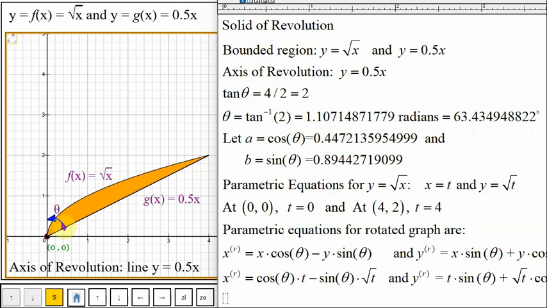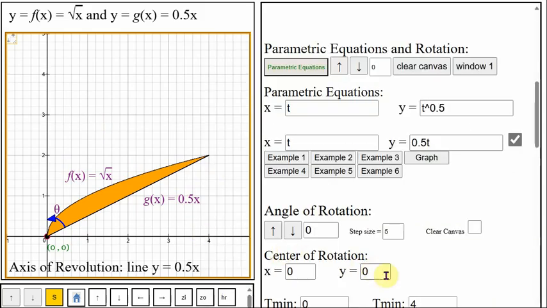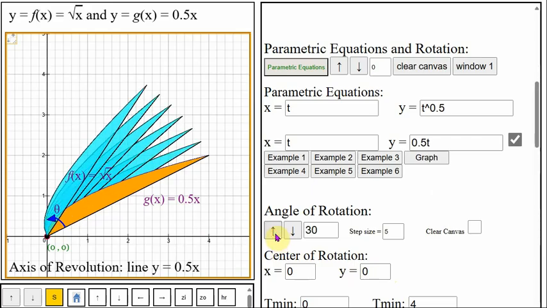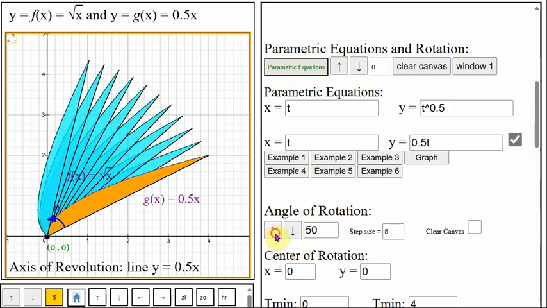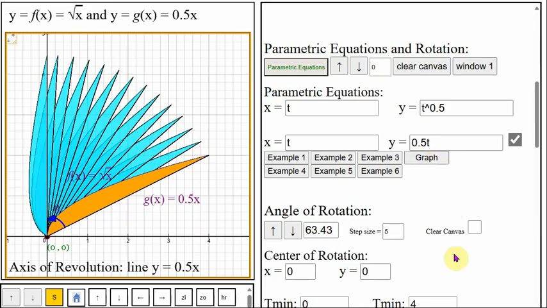That's what we need to do: rotate this region right here 63.43 degrees. So this is the rotated region that we want.